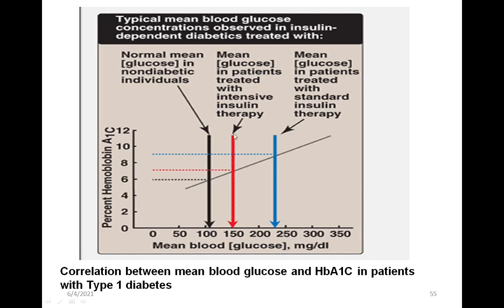If blood glucose concentration is 150, it corresponds to this one on the slope, which corresponds to about 7, 6.9 or 7. If it is between 200 and 250, say 230, it corresponds to almost 9. This is the mean glucose in a patient who has just started insulin therapy.